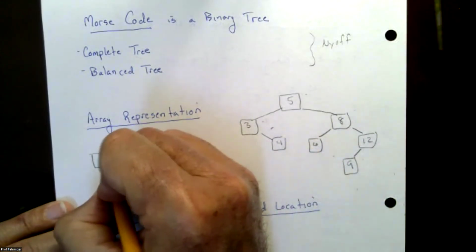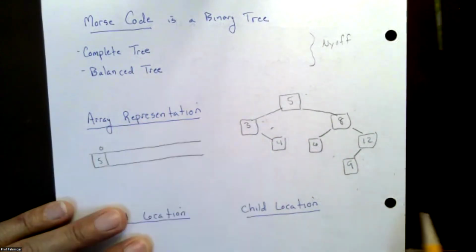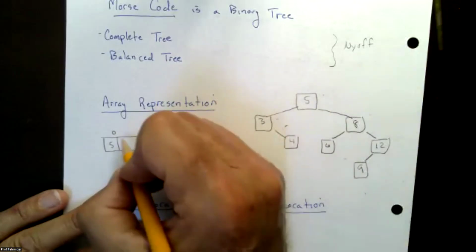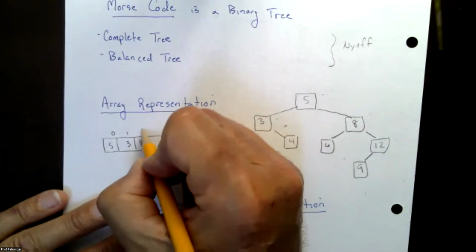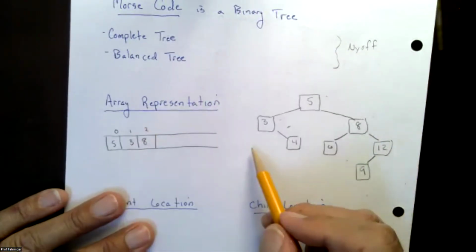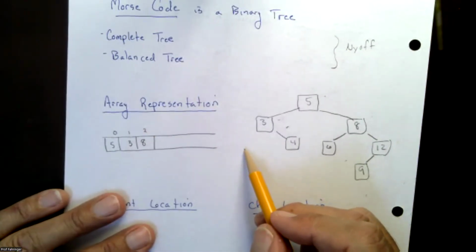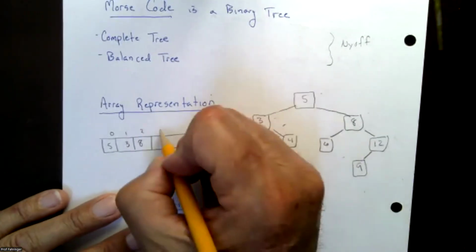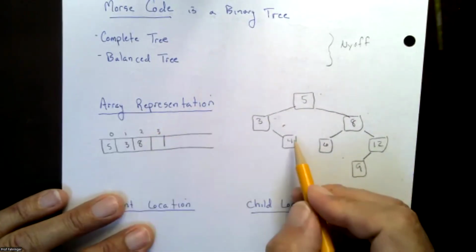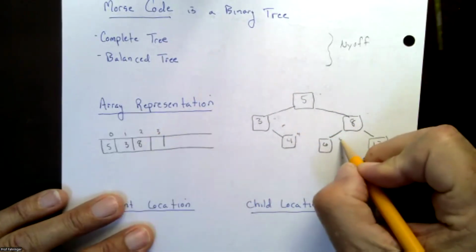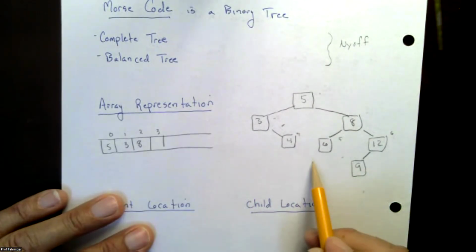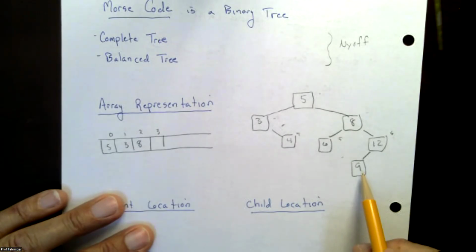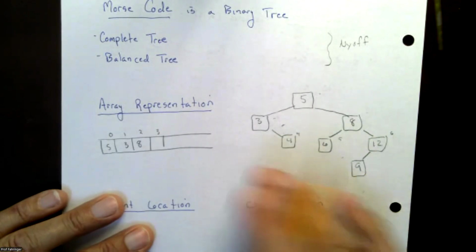I don't know how big I need, but 5 is in location 0. 3 is in location 1. 8 is in location 2. What is in location 3? Nothing. It's empty. Location 4, 5, 6, 7, 8, 9, 10, 11, 12. 9 is going to be in location 13.